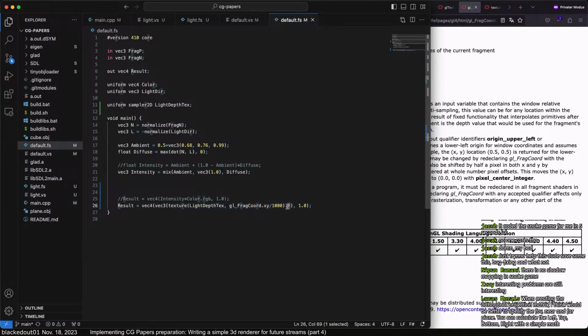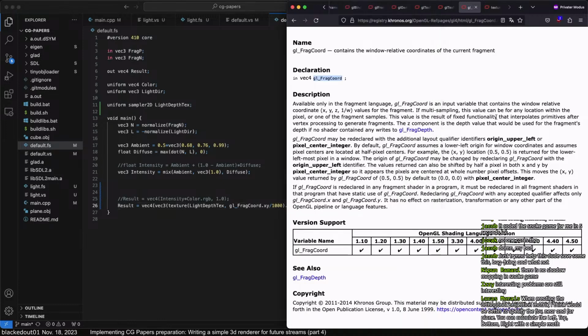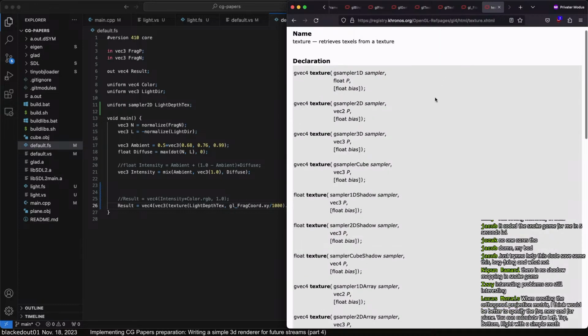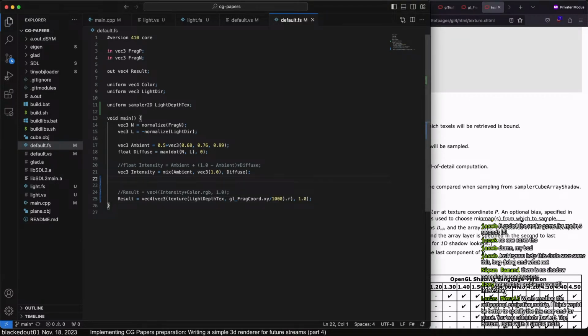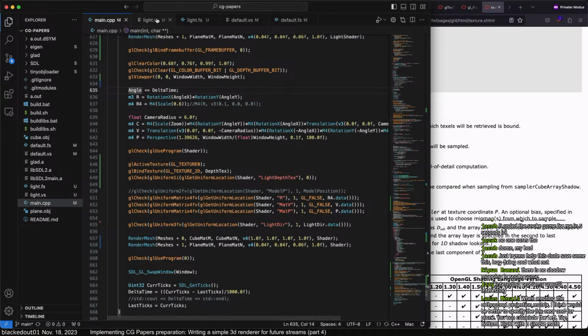Because we only have a depth, we only have one value, so I just want to get this one value. And I think, yeah, so I hope this works.